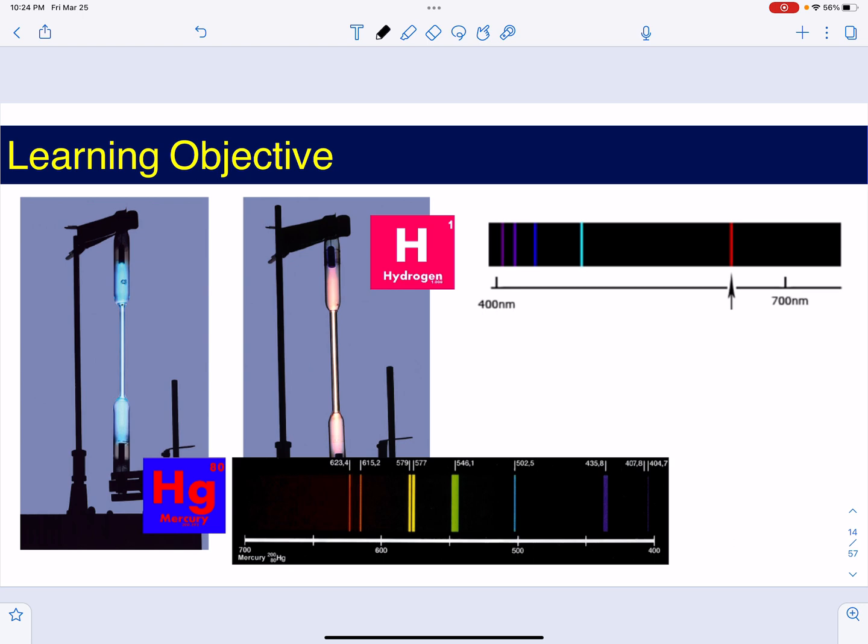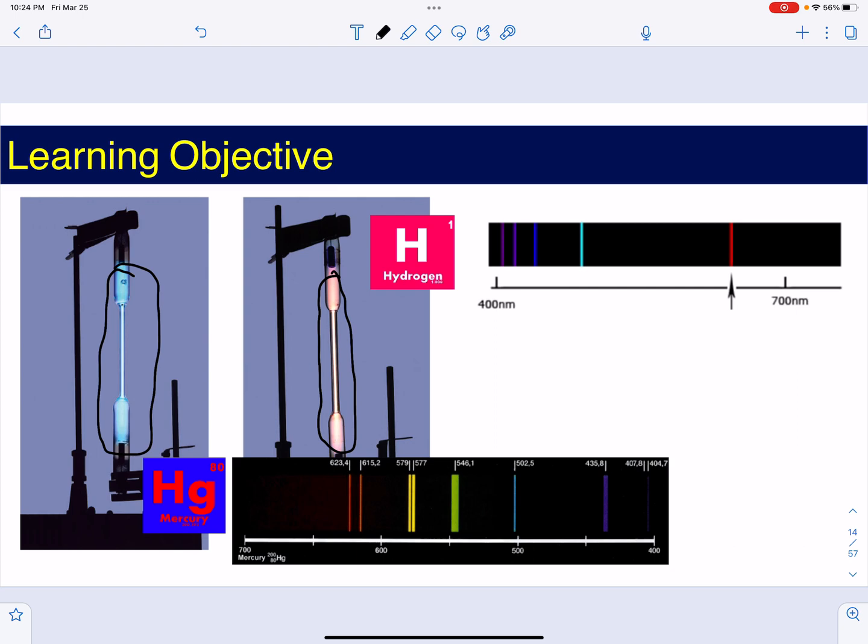Each element, when exposed to electricity, especially the gases, is going to emit light. As you noted in this example, the light that the mercury emits is different in color from the light that the hydrogen emits, which means they have different energy, different wavelengths.